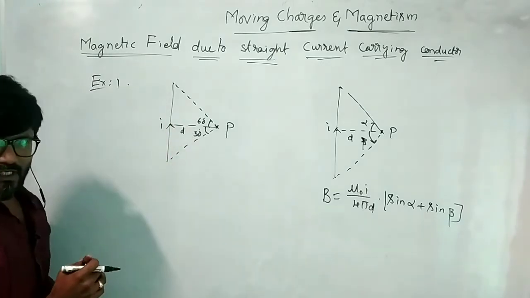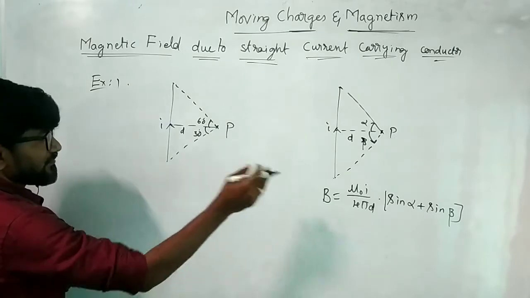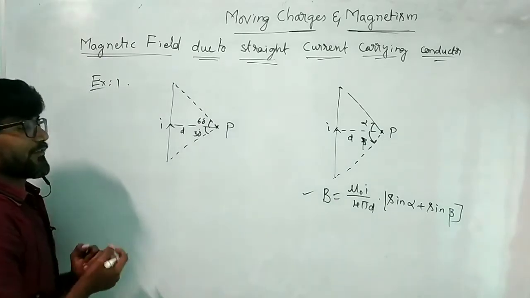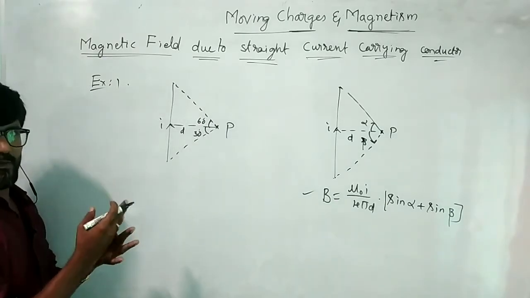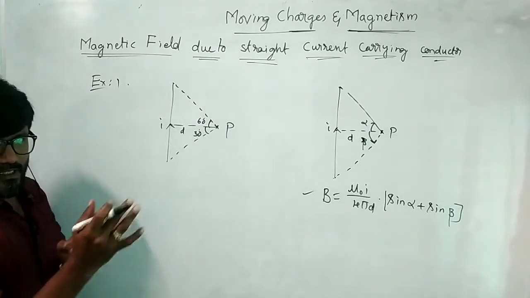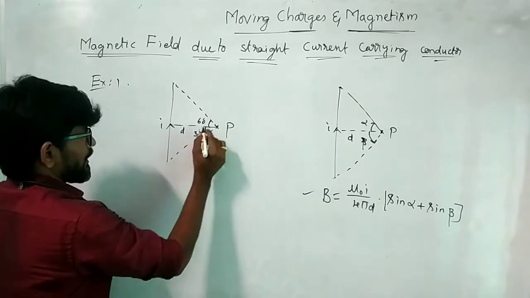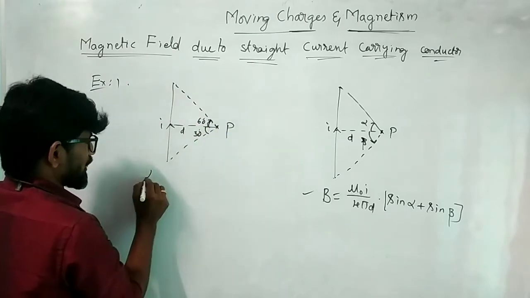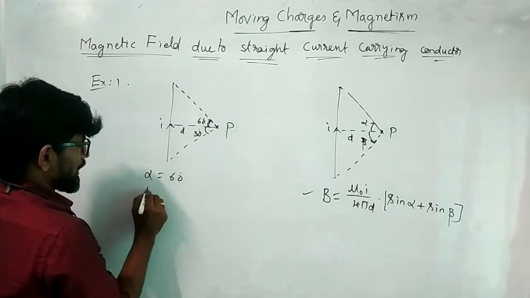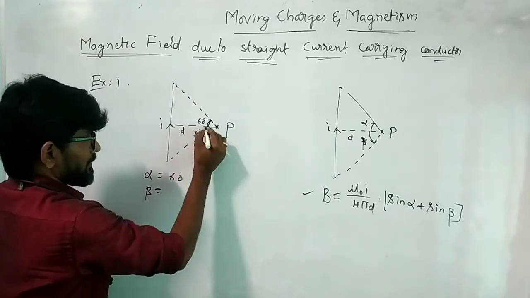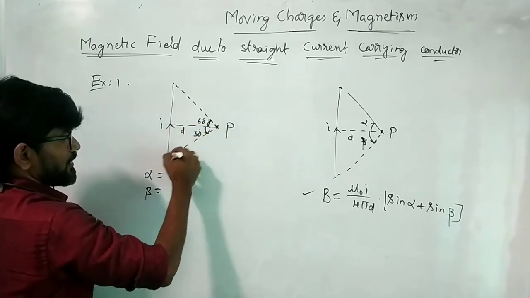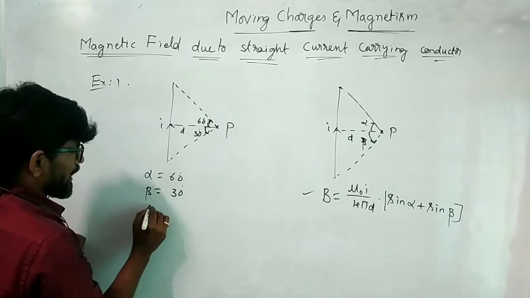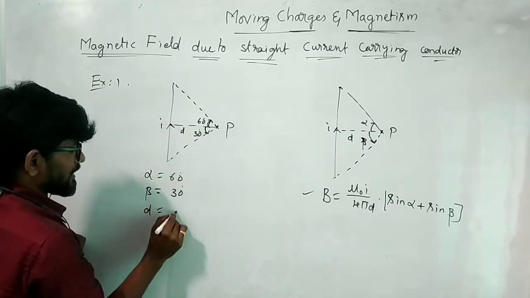So we have to use the generalized formula. B is equal to mu naught I by 4 pi d into sin alpha plus sin beta. First you have to note down what alpha is, what beta is, and what d is. Then you can substitute and find the total field. Alpha is measured from the perpendicular line onto this line, so alpha is 60 degrees. Beta, measured from the perpendicular line, is 30 degrees. And the perpendicular distance d is given as d only.